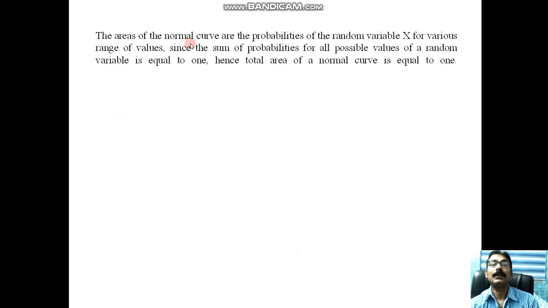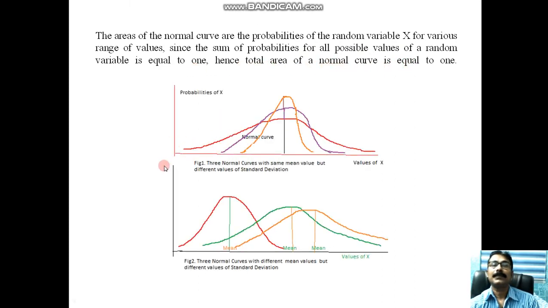The areas of the normal curve are the probabilities of the random variable x for various ranges of values. Since the sum of probabilities for all possible values of a random variable is equal to 1, the total area of a normal curve is equal to 1.